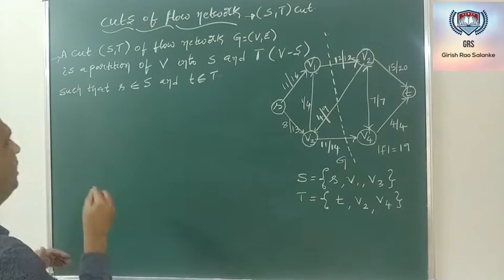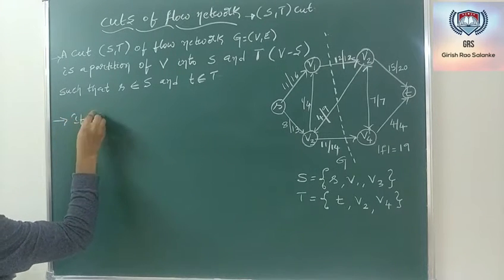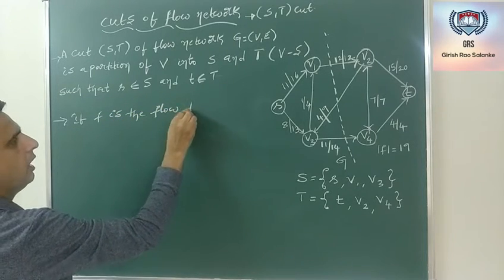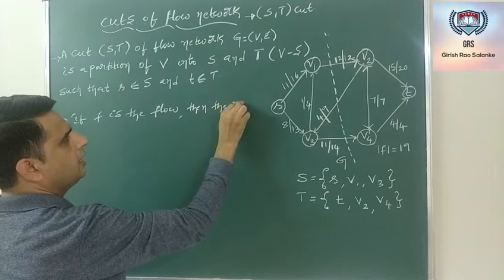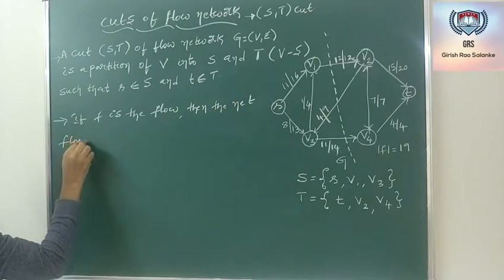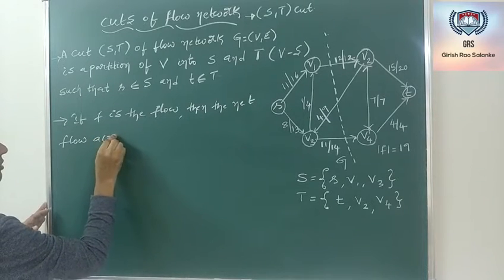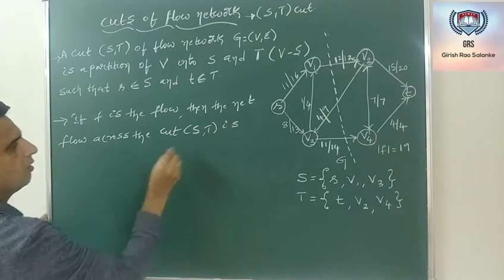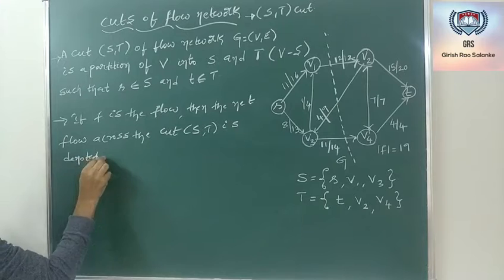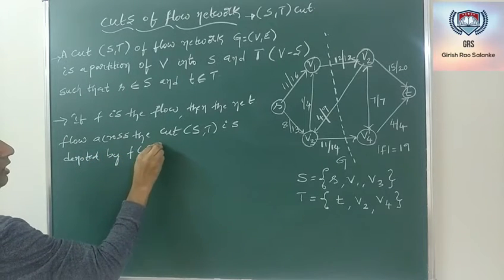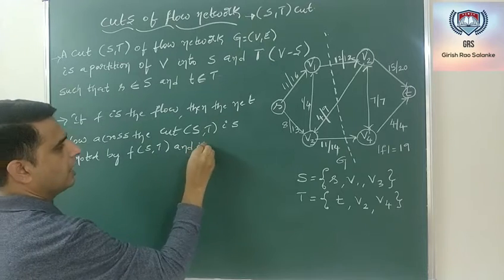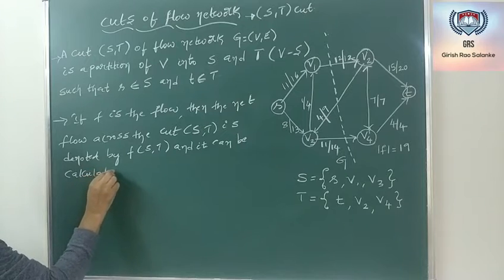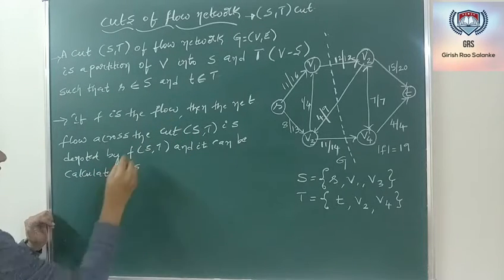Now, the second point: if F is the flow, then the net flow across the cut ST is denoted by F of ST. How do we calculate the net flow on the cut?